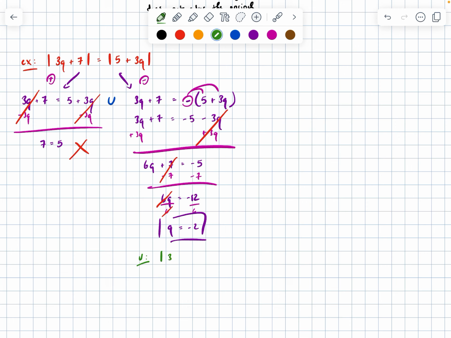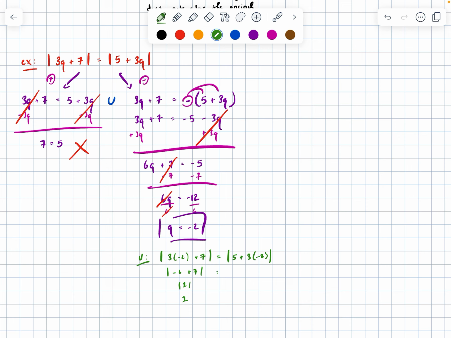Again, there's the risk that this could be extraneous. Let's quickly check and make sure. So when I plug in negative 2, I would get that the absolute value of 3 times negative 2 plus 7, I want to see, is it equal to the absolute value of 5 plus 3 times negative 2? So 3 times negative 2 here, this is negative 6 plus 7.